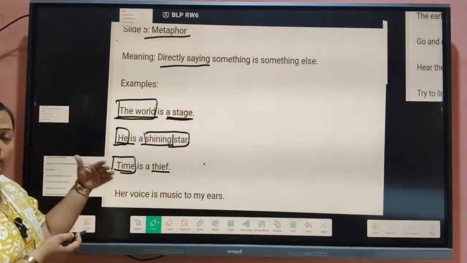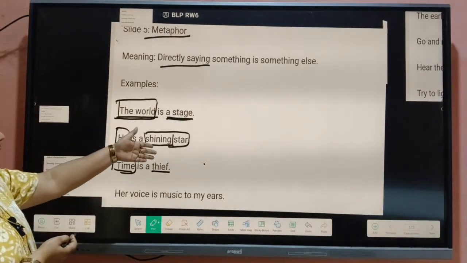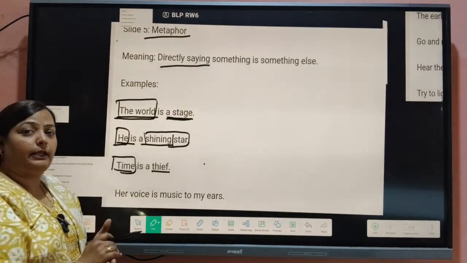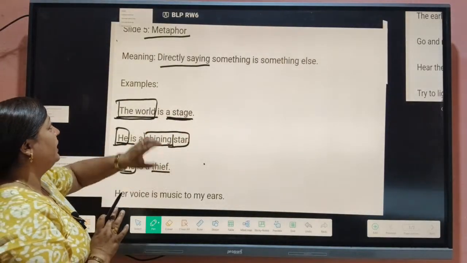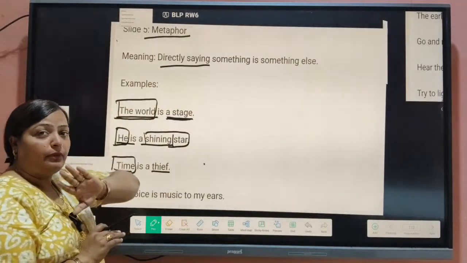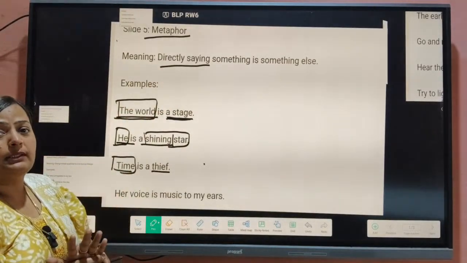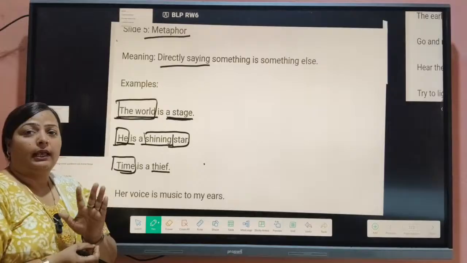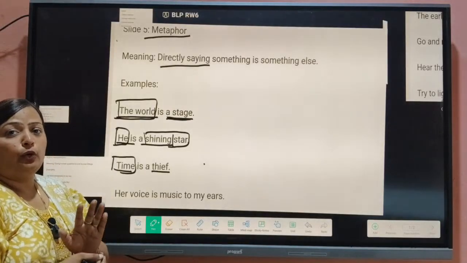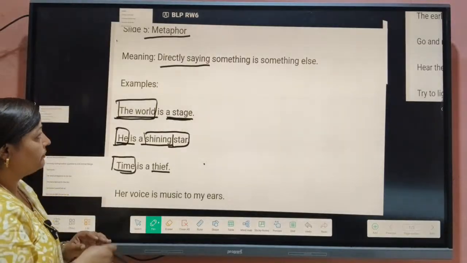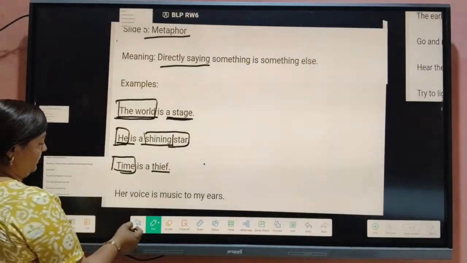In metaphor also we do comparison, but there is only one thing we have to keep in mind: in metaphor we do direct comparison without using the word as or like, but in simile, when we do comparison, then we use like and as.